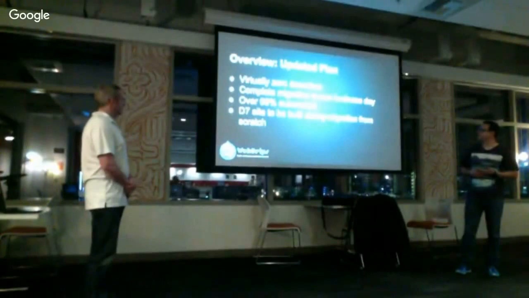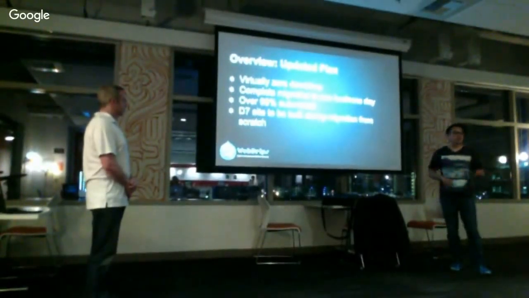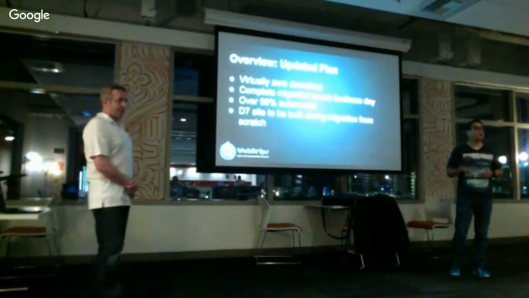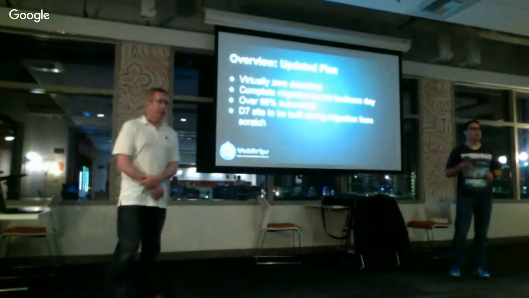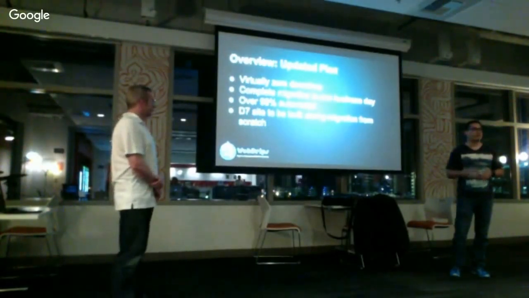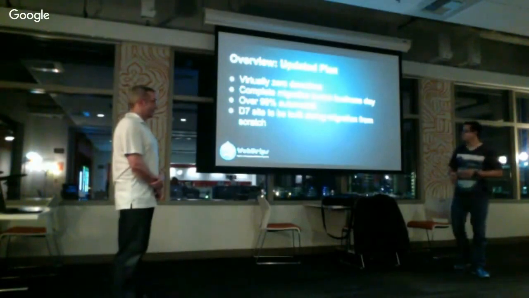But we completed the migration in 1 business day. It was mostly automated. We didn't have to touch a lot of stuff. We just had to trigger all the scripts and check, and after being given a green signal from our stakeholders, go to the next stage.